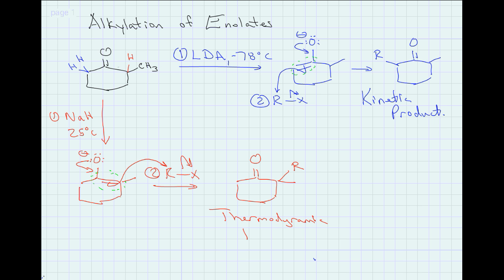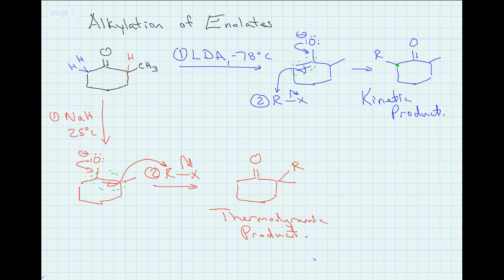So you can see that by treating an unsymmetrical ketone, unsymmetrical because on this side we have a methyl group and on this side we have 2 protons, with a base, we can choose our base. If we use LDA at a low temperature, minus 78, we get the kinetic product, where we alkylate on the less hindered side of the molecule.